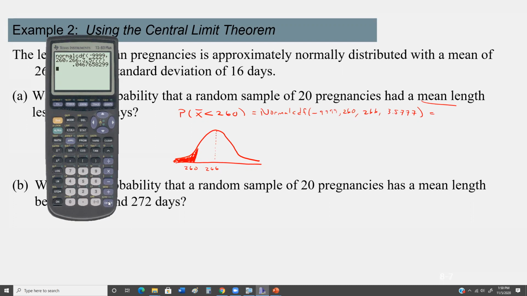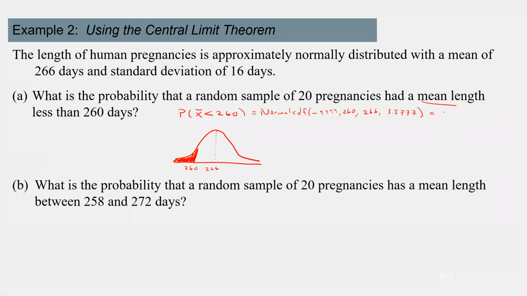How many people got that number if you did it in your calculator? So 0.0468. Okay, yeah, so I think I did it right. 0.0468. Not too bad.